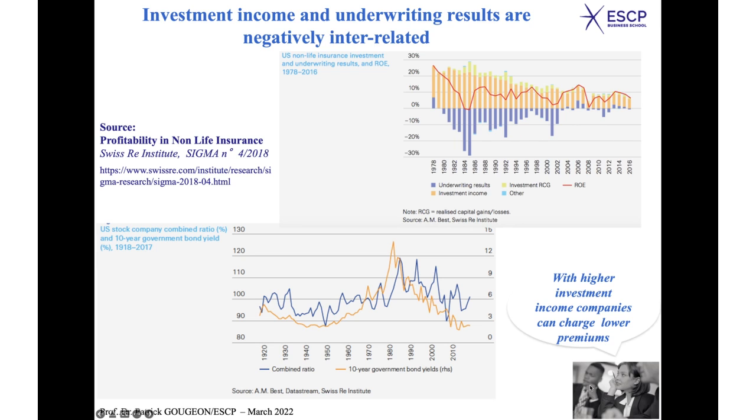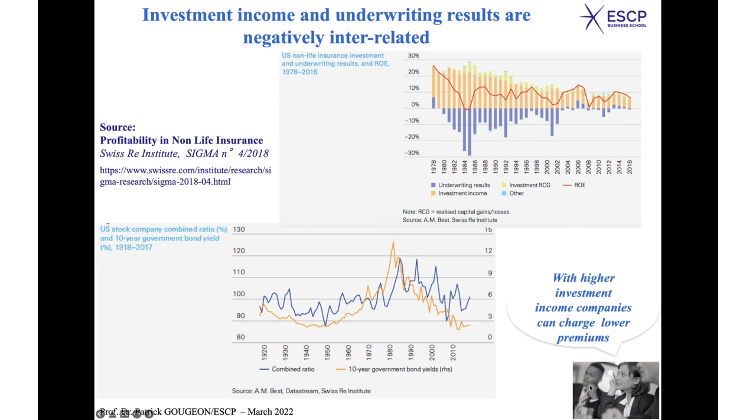So it's because of competition that you have this link between the movements of interest rates, which has an impact on the financial return of insurers, and the pricing. You have better prices when interest rates are higher, and it's clearly appearing on that graph.